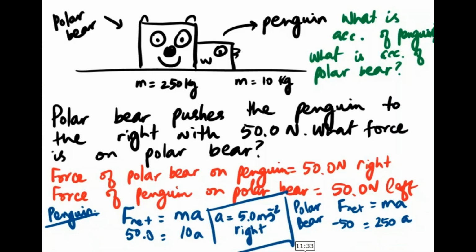So what we intuitively understand from Newton's third law is that although the forces have the same magnitude and opposite directions, the effect that this force has on the different masses is going to be different. The acceleration of the penguin, having the smaller mass, is higher compared to the polar bear with a bigger mass, which has a smaller acceleration.